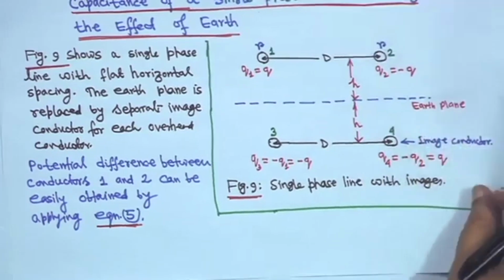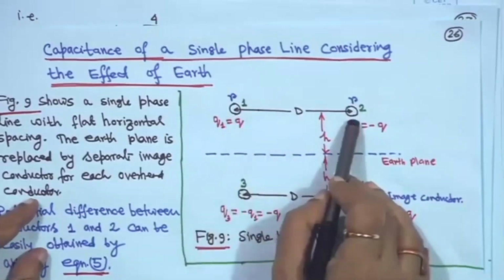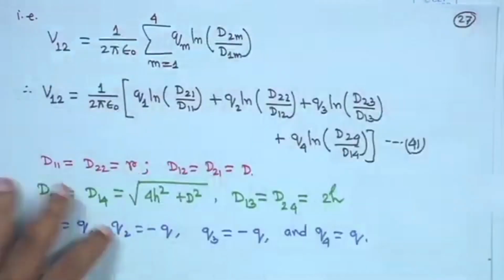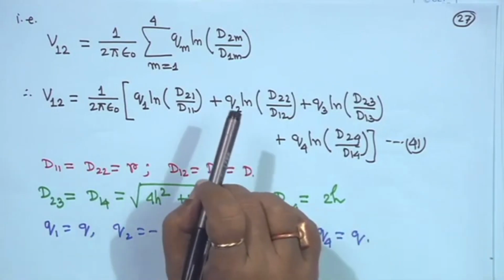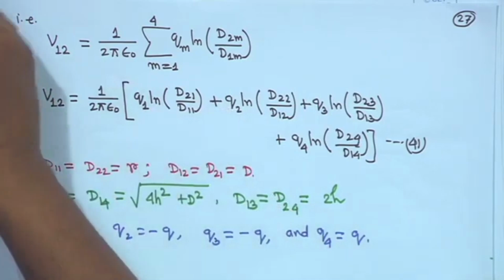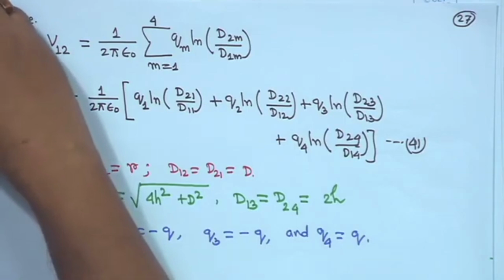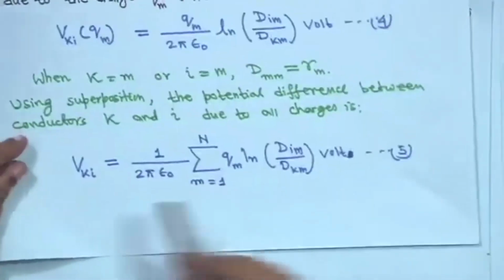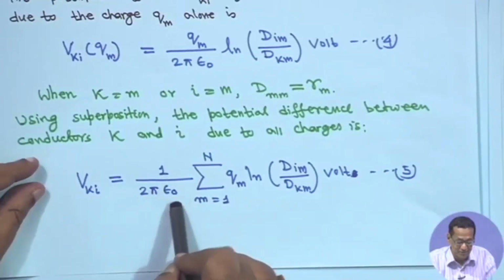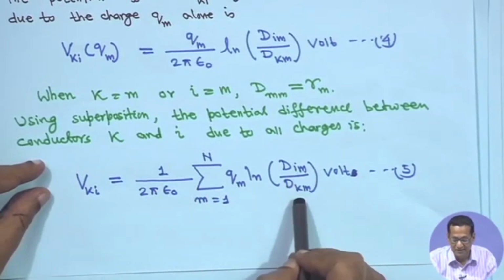Equation 5 is the general formula: Vki is equal to 1 upon 2 pi epsilon 0, sum over m equal to 1 to n of qm ln(Dim upon Dkm) volts.